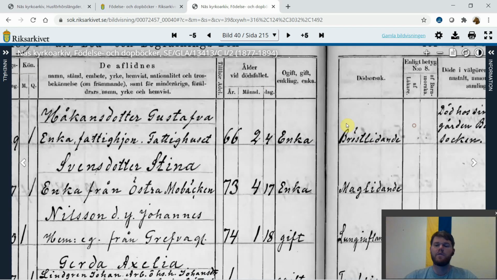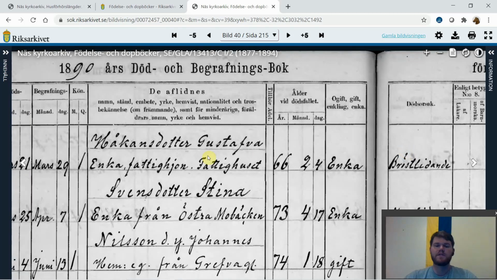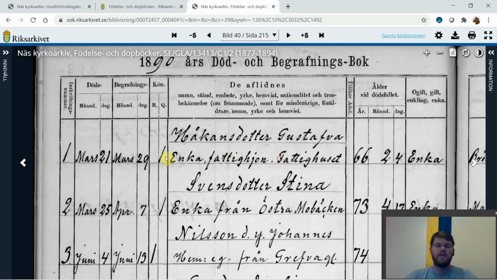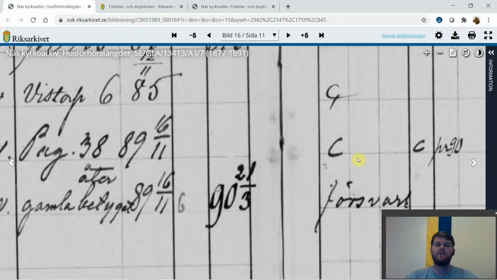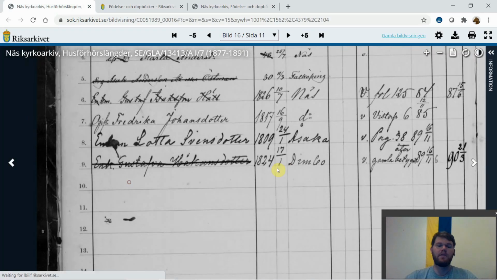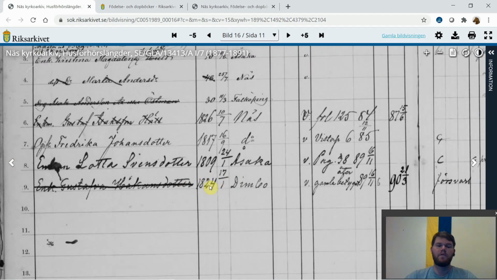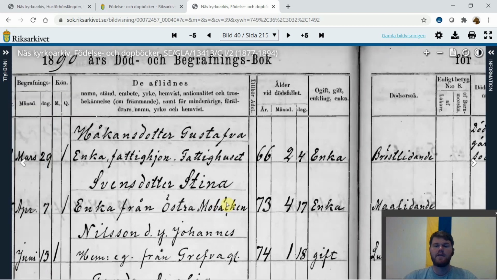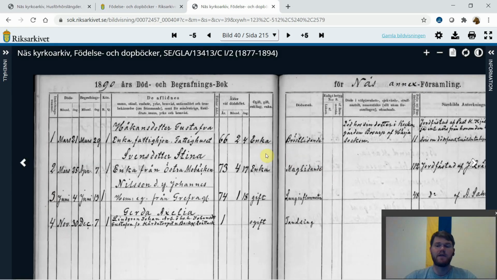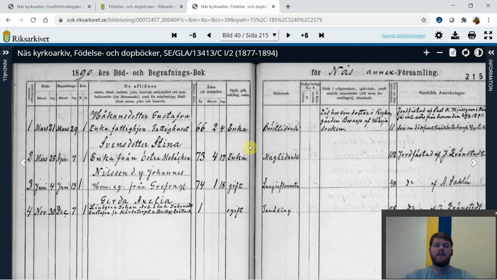And so using various websites online or software, you can actually calculate when they were born given their death date and how old they are. And so if you were to do that, you would end up with her birth date right there. And so that is the basics of finding an individual who died.